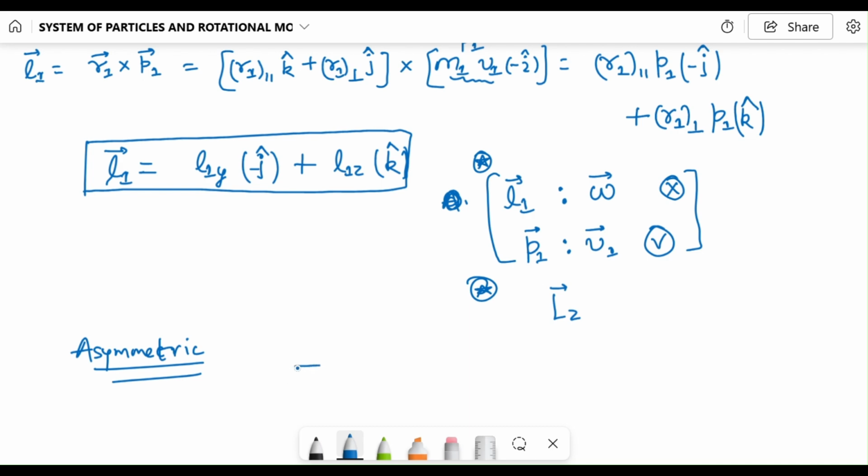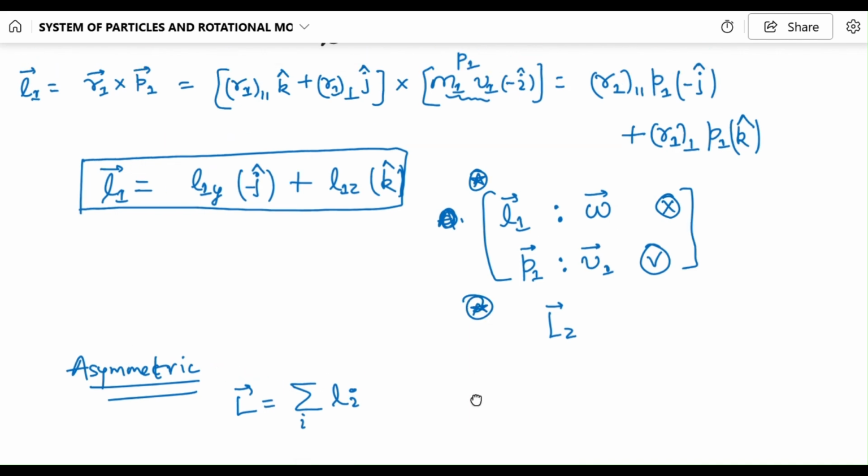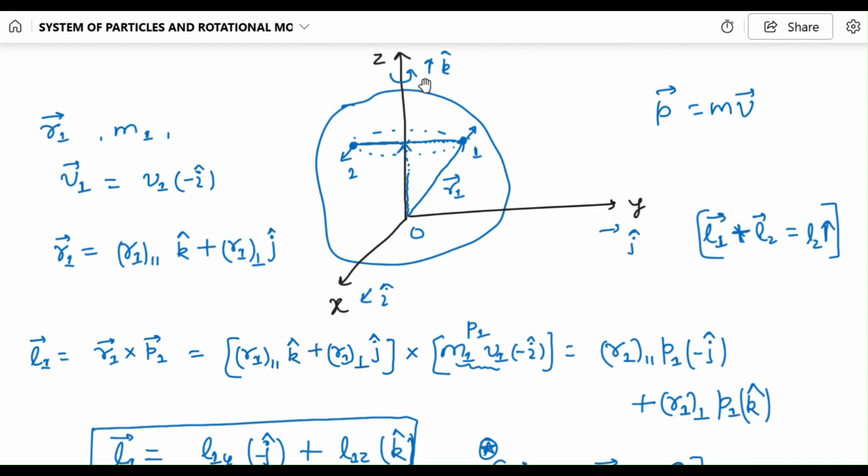In this case, we can add all these things to get the total angular momentum in the asymmetric case. Here, symmetry is decided based on the axis of rotation. The body we are considering should be symmetric about this axis.